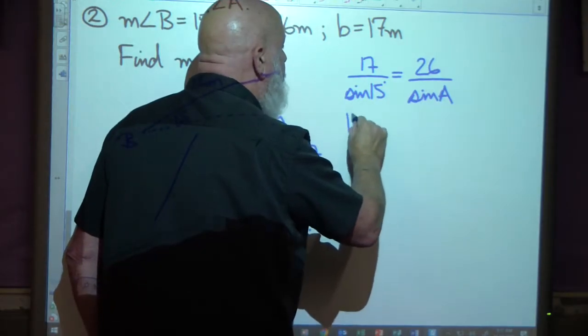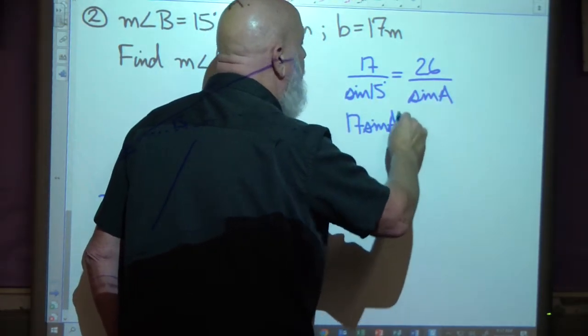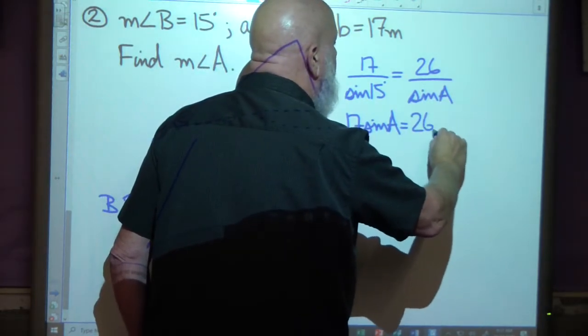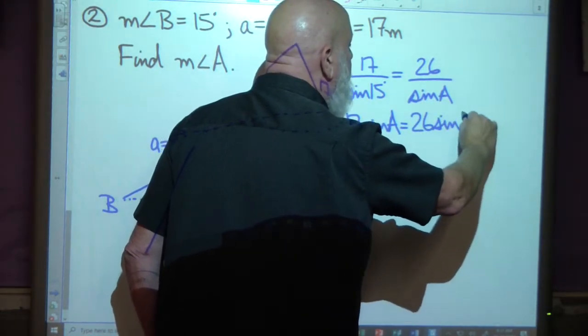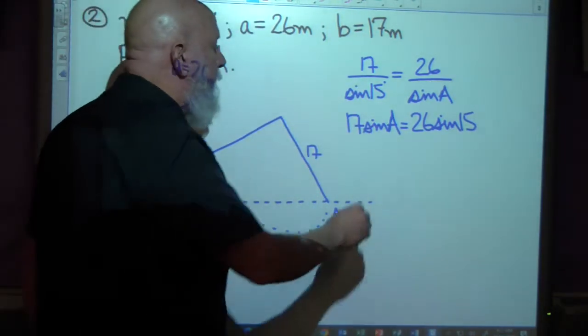Cross multiplying yields 17 sine A is equal to 26 sine 15 degrees. Solving for sine A, I'm going to divide both sides by 17.